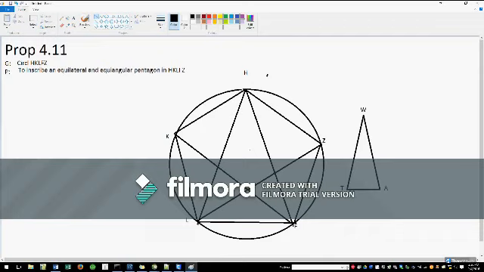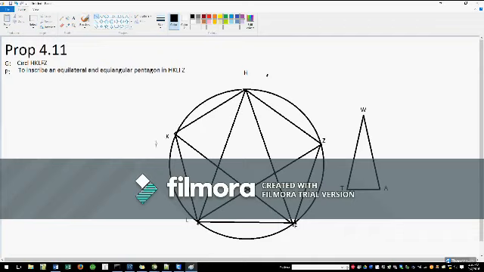And equal angles stand on equal circumferences, invoking Prop 3.26. Therefore, the five circumferences KH, HZ, ZF, FL, LK are equal to each other. But equal circumferences are subtended by equal sides.